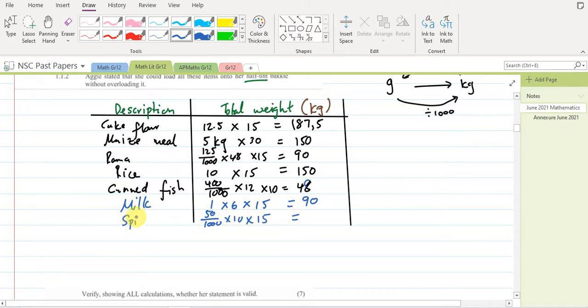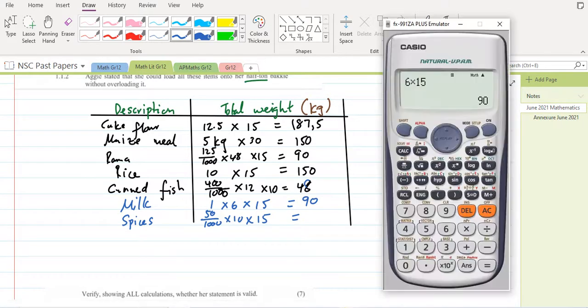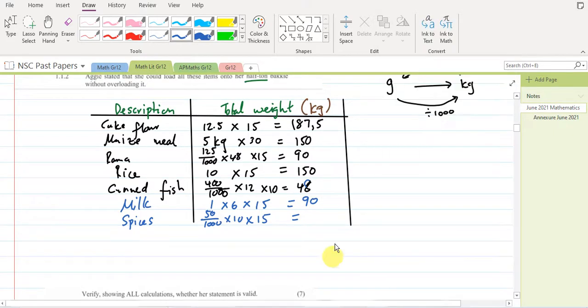That is spices, right? If we work this out, how many kg of spice do we have? 50 over 1,000 times 10 times 15. So we have 7.5 kg of spice.